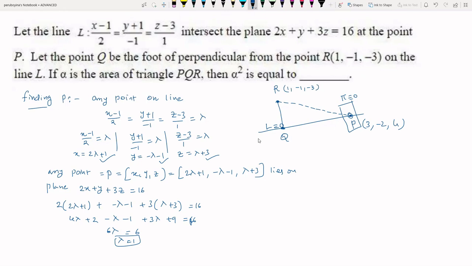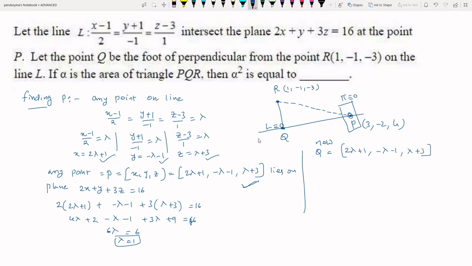Now using the same concept, any point on the line L, take the same parameters, 2 lambda plus 1, lambda plus 3, as Q. We are going to calculate the foot of the perpendicular.